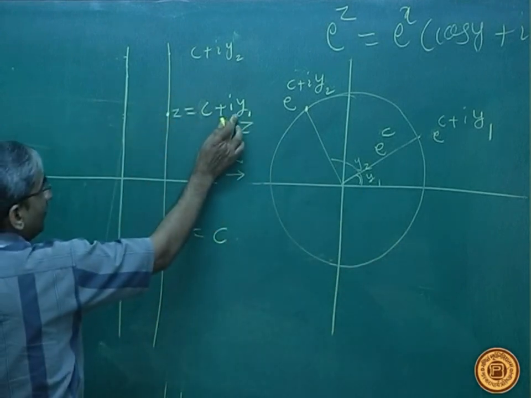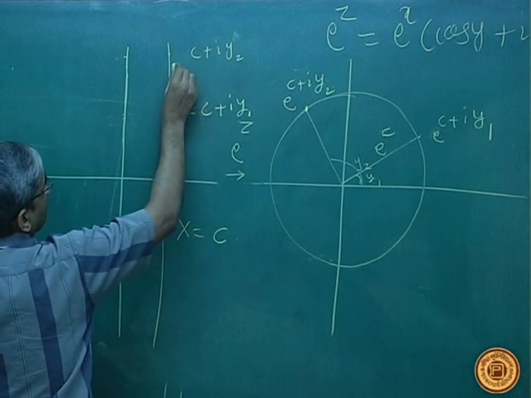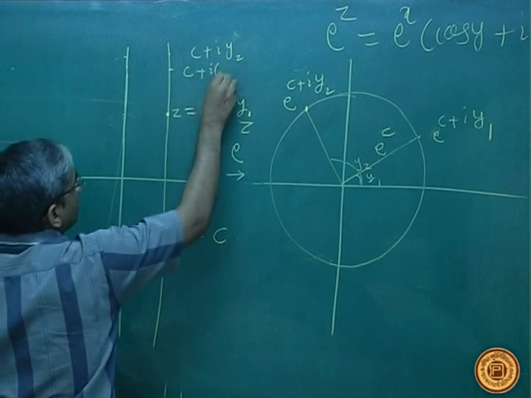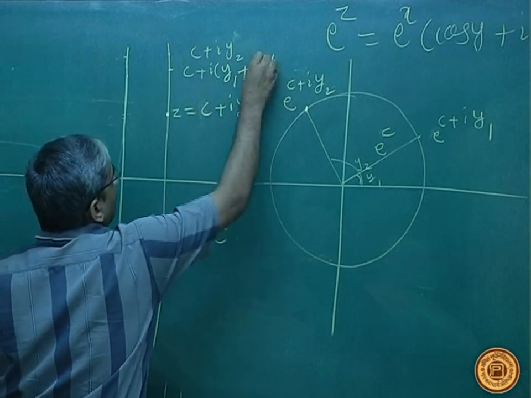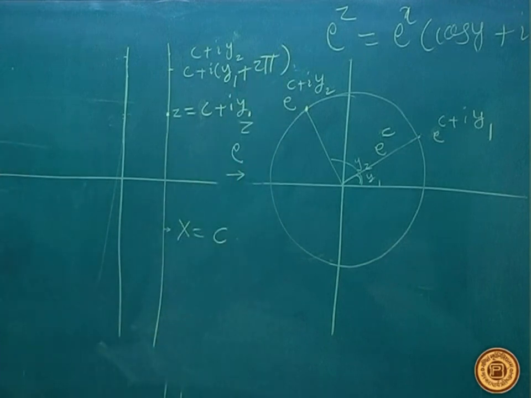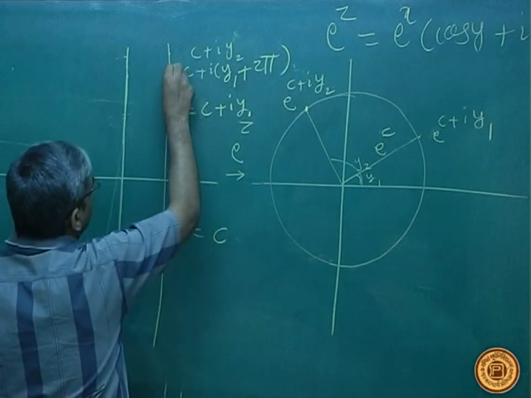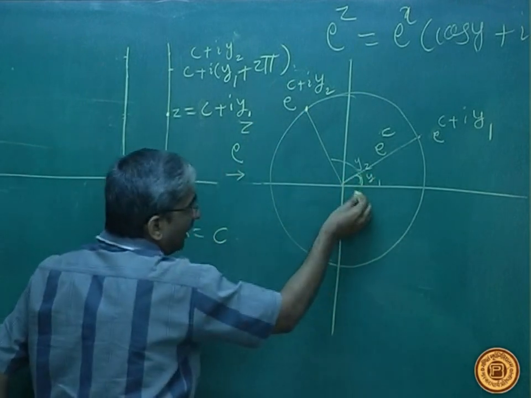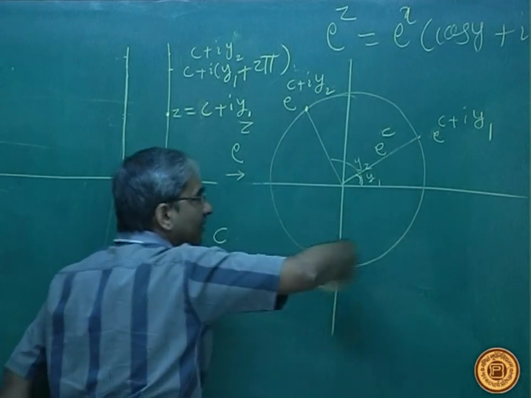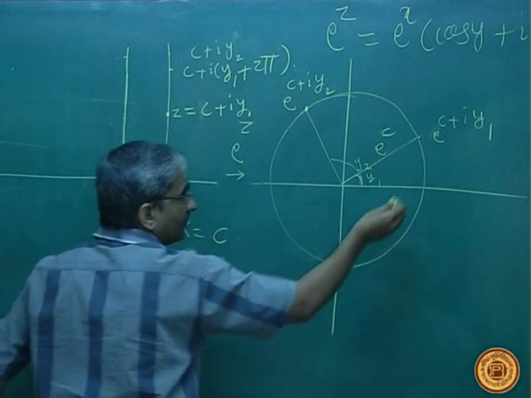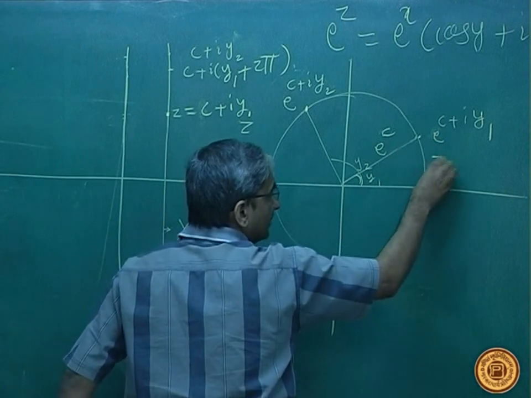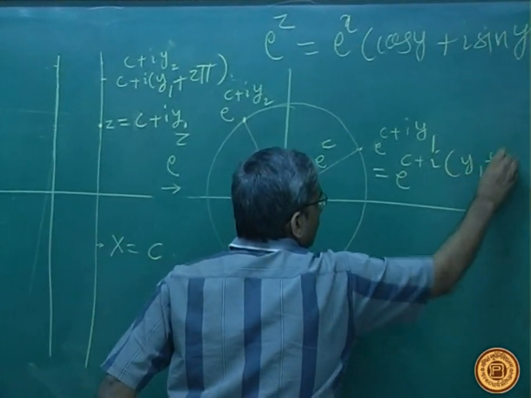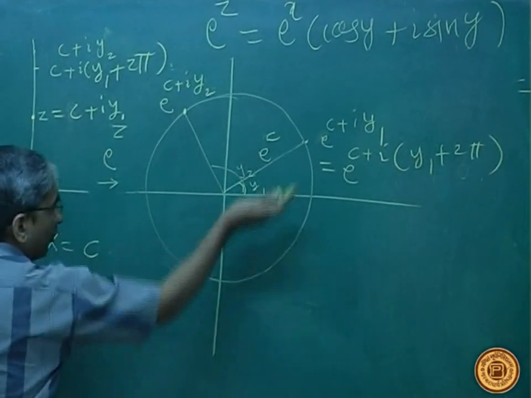Now if you take y1 plus 2 pi, what will happen? Suppose I have this point as c plus i times y1 plus 2 pi. Then this point will go on this circle and the angle will be y1 plus 2 pi, but this angle is y1. So y1 plus 2 pi you get again the same point, which is also e to the power c plus i times y1 plus 2 pi, because the argument is y.